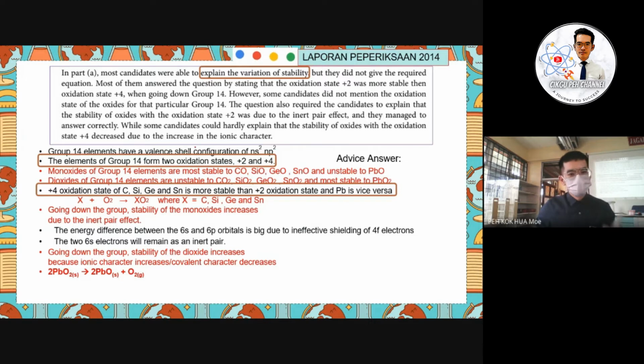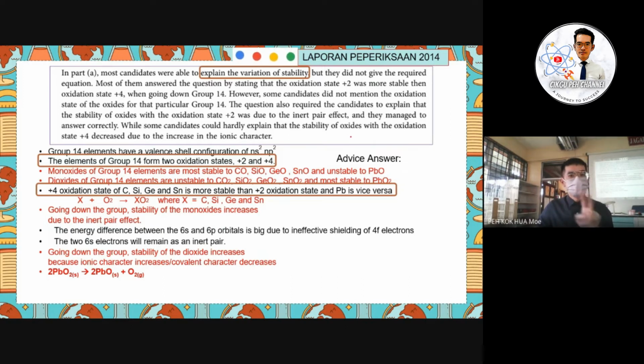in oxide. So remember, when the question asks you about the oxide of group 14, please mention their oxidation states, +2 and +4. The red color one is the scheme answer. The black color one is the answer I added based on the discussion in the Laporan Peperiksaan 2014.